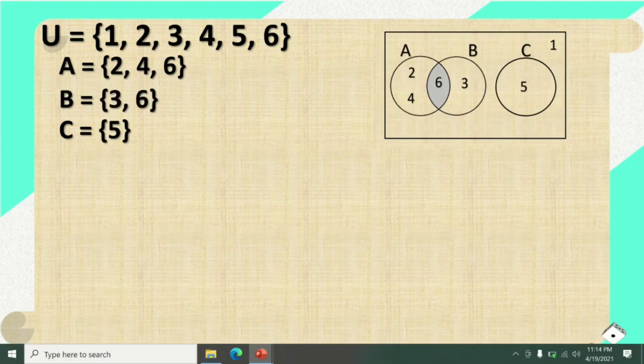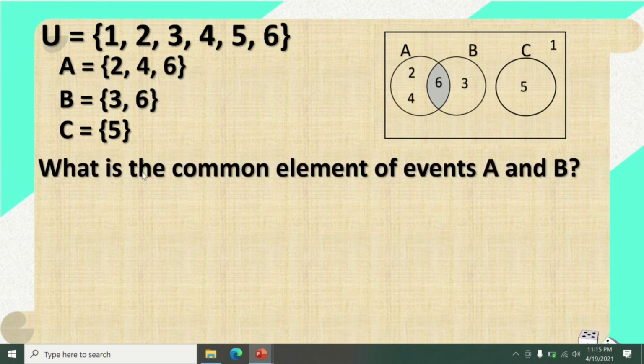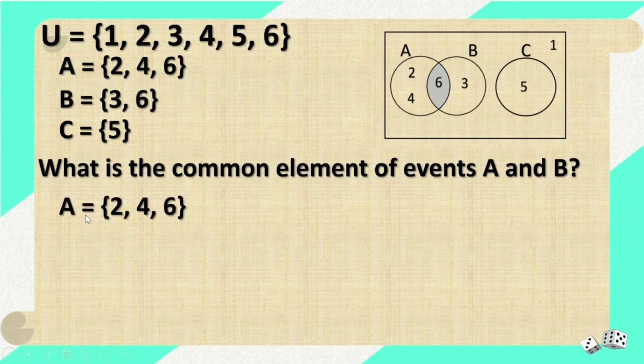In this slide, we have the universal set and the events A, B, and C. And the Venn diagram is the representation of the given set in the left side. What is the common element of events A and B? So, event A, we have 2, 4, and 6. In event B, we have 3 and 6.